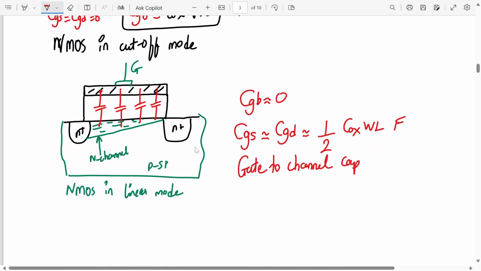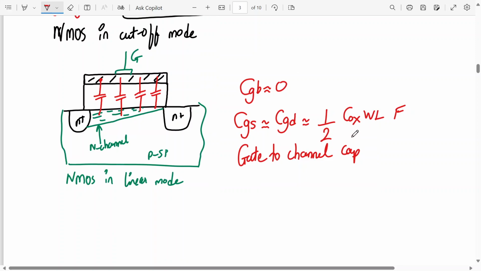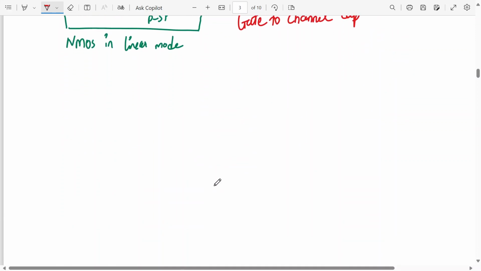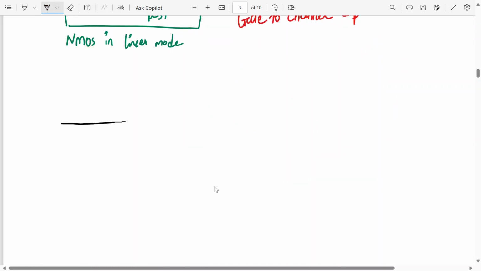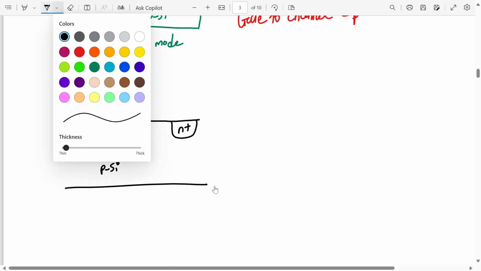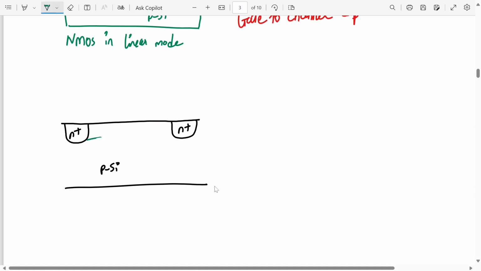This is capacitance per unit area into area, which is W into L. Now let us go into saturation mode. Do you remember in the saturation mode, the channel region is disappearing at the drain end? If we draw the channel over here, it's disappearing from the drain end.